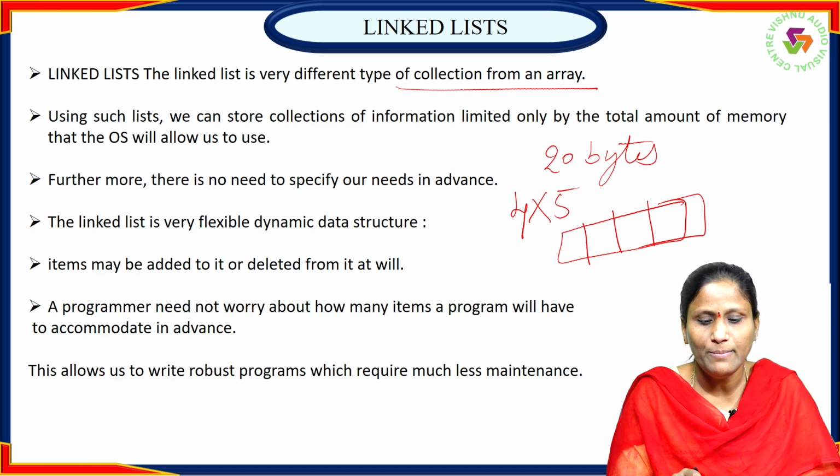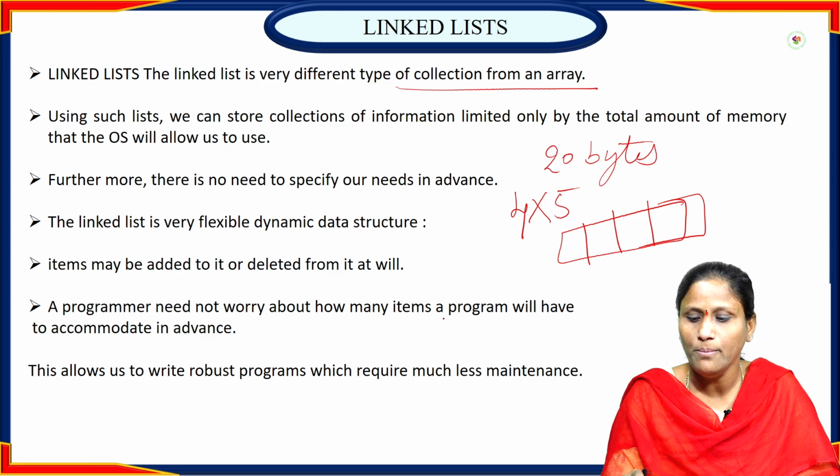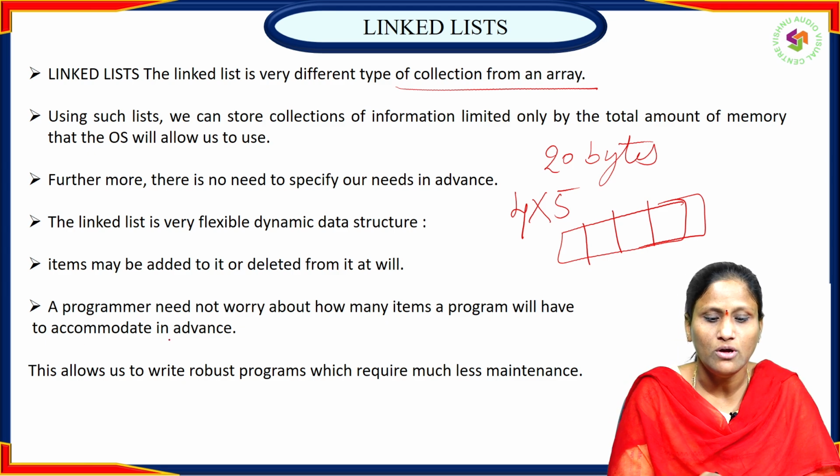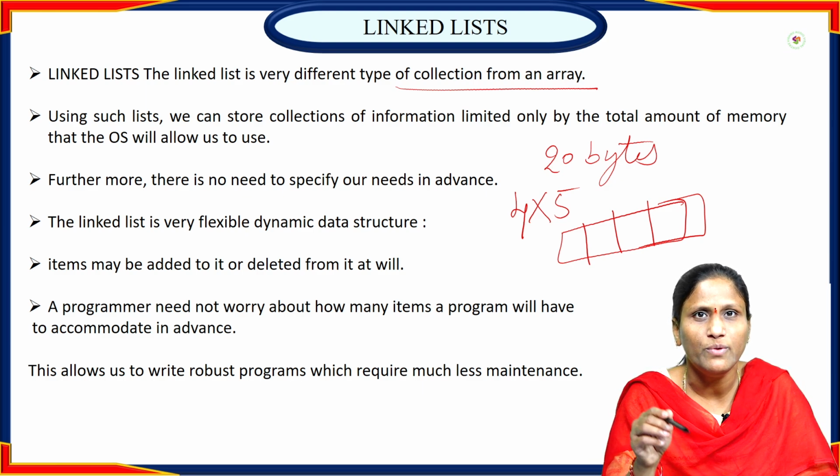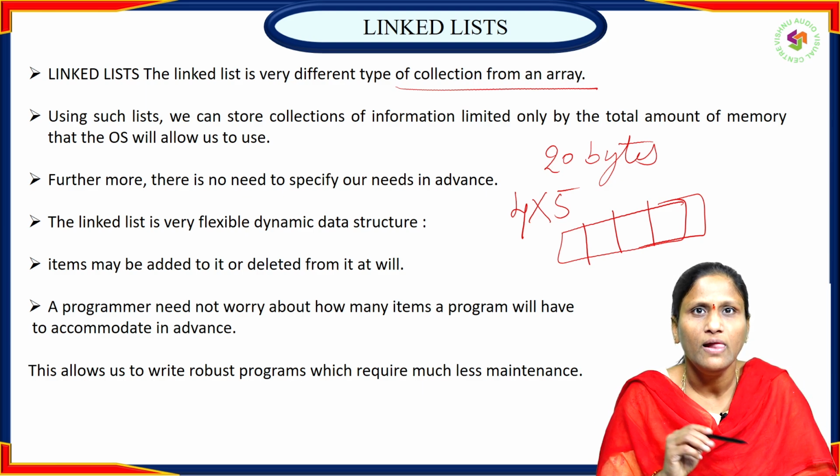So a programmer need not worry about how many items a program will have to accommodate in advance. In the case of array, in advance we have to mention the number of elements that should be stored in the array.